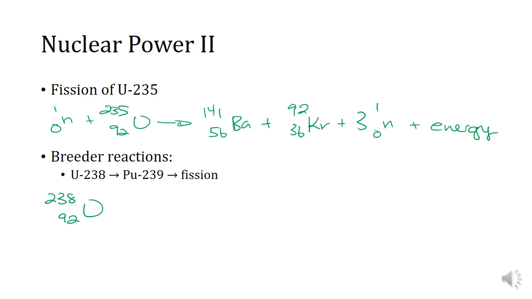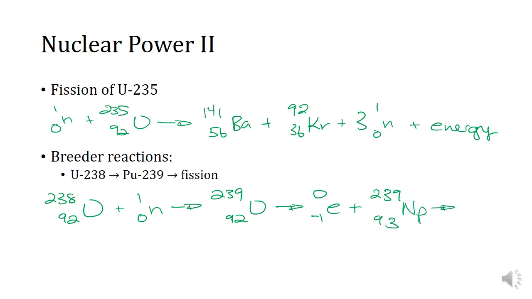So in order to get energy out of uranium-238, I need to start by reacting it with a neutron, and it ends up forming uranium-239 (92). Then that decomposes, so it gives off an electron, and it forms neptunium-239 (93).